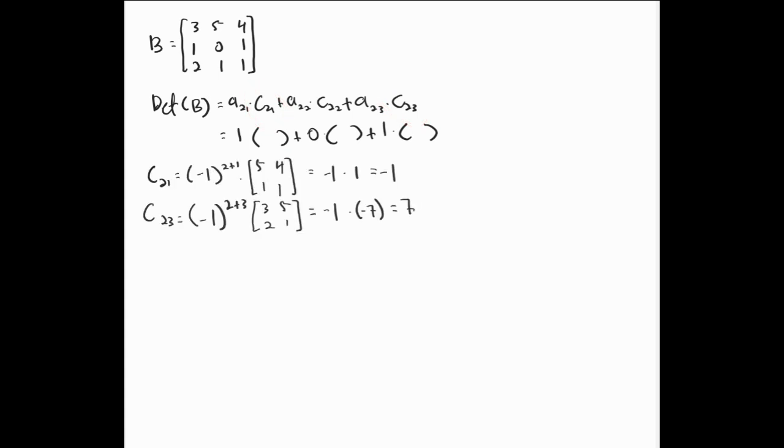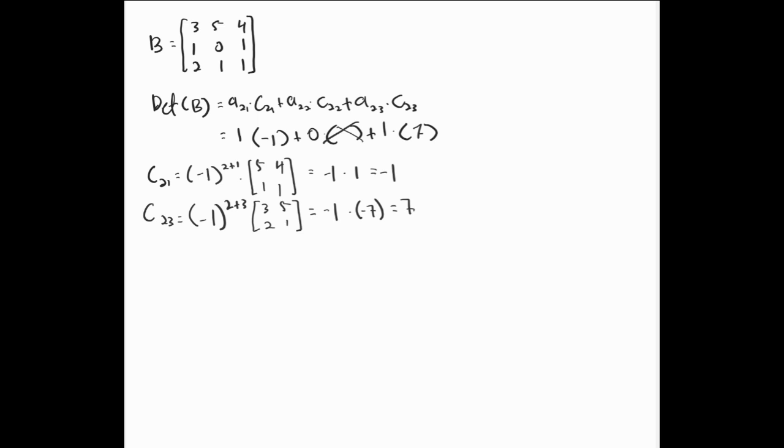So this is the cofactor for 21 and 23. So we have -1 and 7. Again, I didn't calculate the others because times 0 will give us 0, so it is pointless. So I'll just calculate these two.